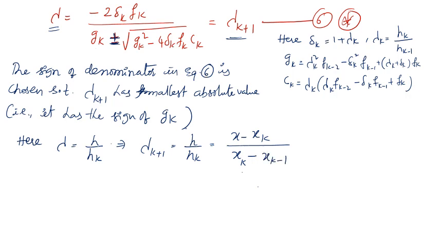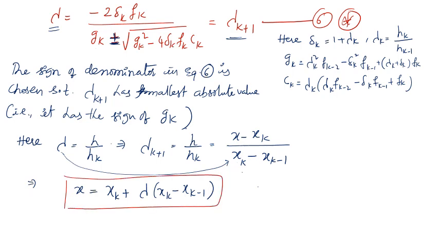Now this is the value of lambda. Solving this for x by cross multiplication, x equals xk plus lambda into the denominator, xk minus xk minus 1. This is the x value.